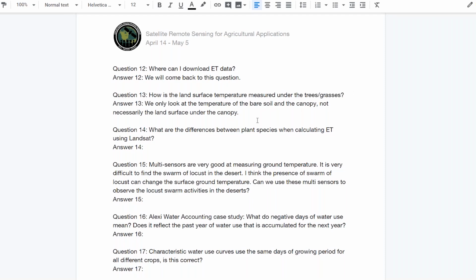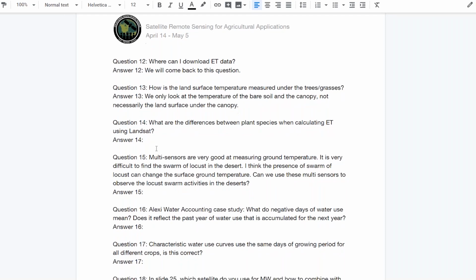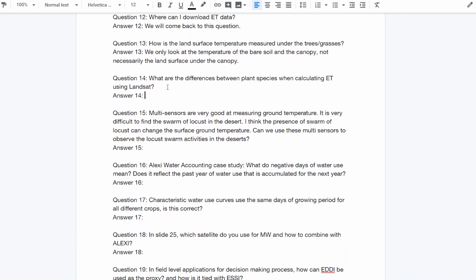Great. Question 14, what are the differences between plant species when calculating ET using Landsat? It depends what method you're using. I think some methods need some characterization of the vegetation. What type of vegetation are you looking at? A nominal height.